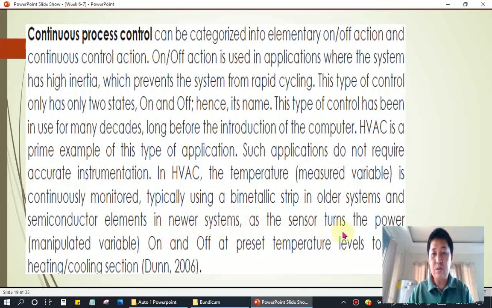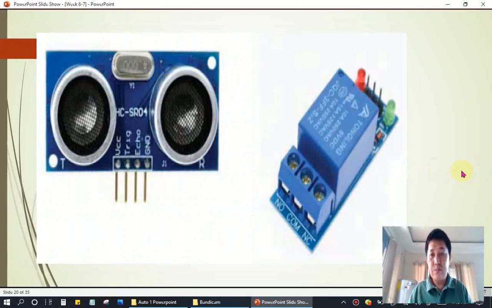So as the sensor turns the power manipulated variable on and off at preset temperature levels to the heating or cooling section. So this is in your lab manual exercises. So just follow the instructions there.